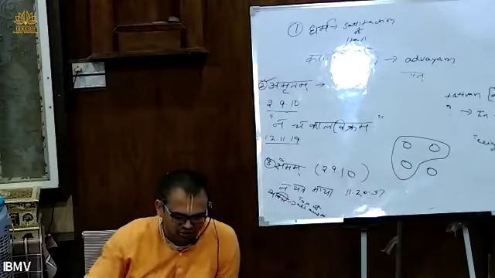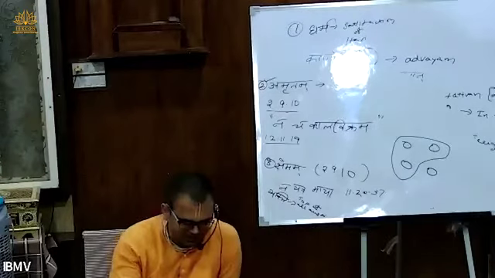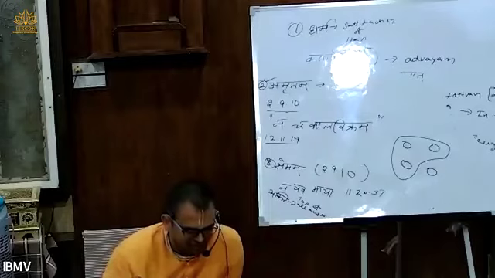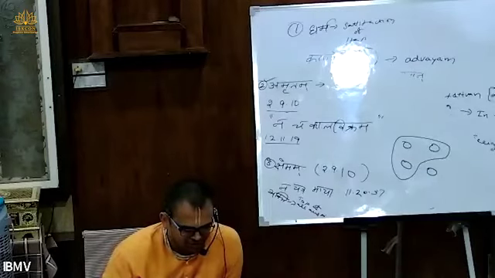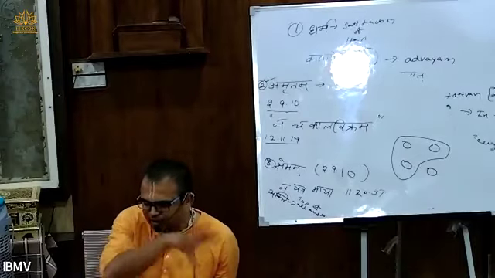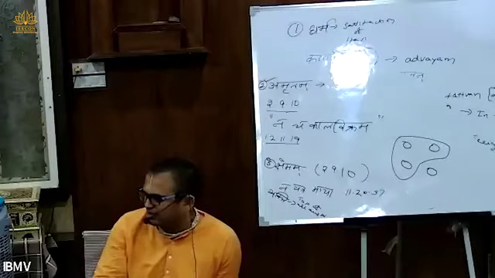So pada can mean one-fourth, or also a pada of the Stita padaha. Four padas means the four opulences. Four opulences: three are spiritual, one is material.